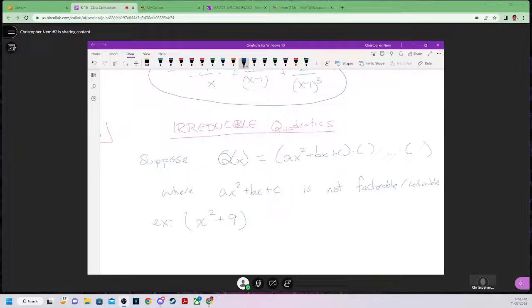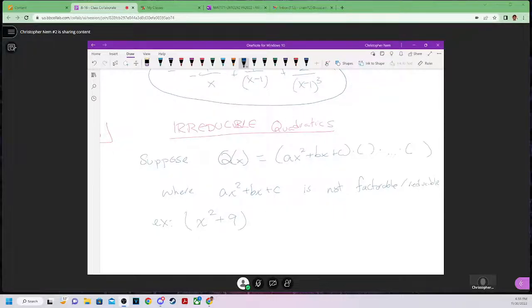Now, if you use the complete factorization theorem, you can have a factor, but notice that it's imaginary. You have imaginary solutions, x-intercepts, or roots. It's going to be x plus and minus 3i, so you have x plus 3i times x minus 3i. But I don't want to work with imaginary numbers.